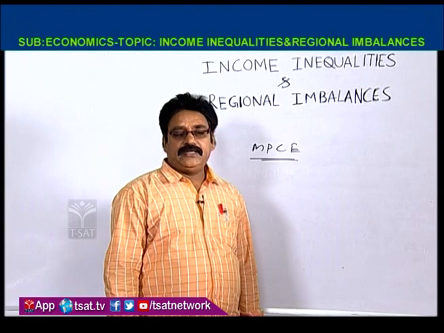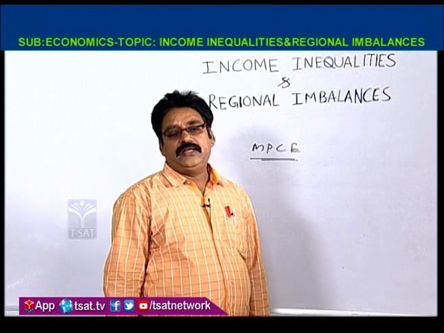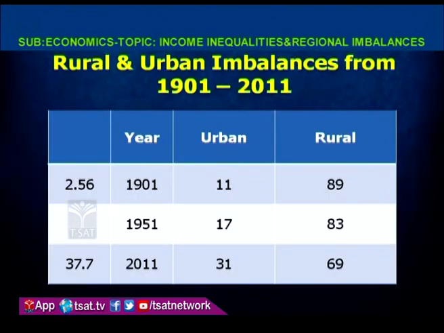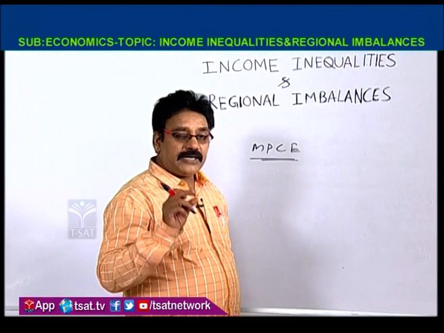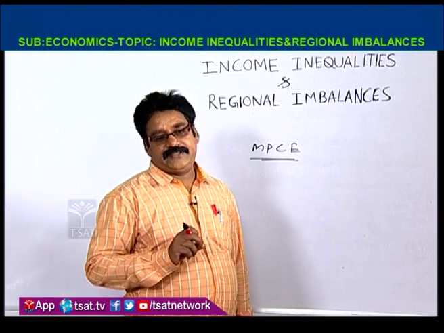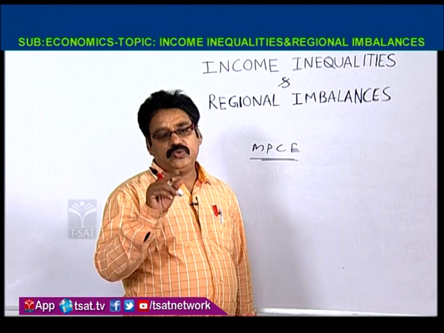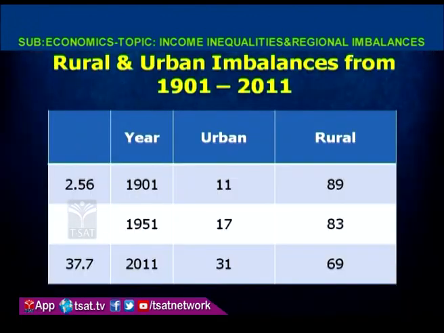If we observe 1951, after getting independence, our urbanization slowly increased. That is, the urban population increased from 11% to 17%, and rural population decreased from 89% to 83%. If we observe the remaining 60 years, 1951 to 2011, urban population increased from 17% to 31%.